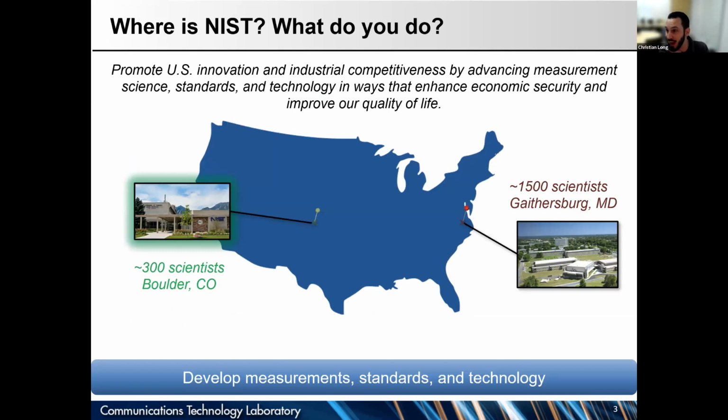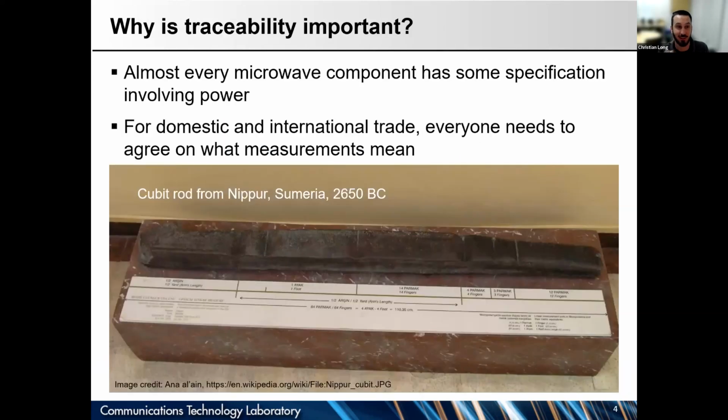And you might ask how developing technology and standards improves the economy. Well, every microwave component, or almost every microwave component, has a data sheet, and there's almost always some specification related to microwave power. It might be how accurate a power measurement is, or how much power something can put out, or what the damage level is for some power measurement.